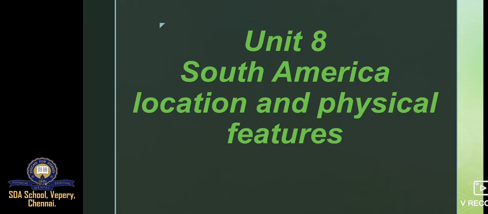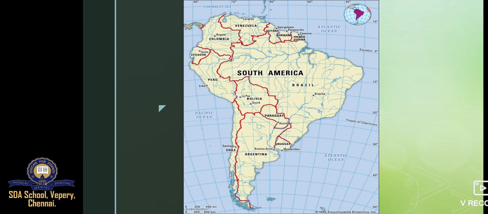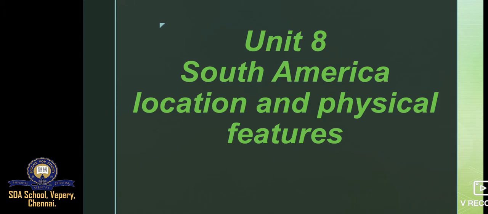In geography unit 8, the topic is South America, location and its physical features. The introduction of this lesson goes like this. South America is the fourth largest continent in the world, except in the northwest, where the Isthmus of Panama joins it to North America.